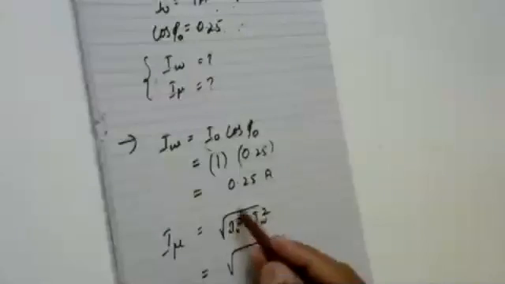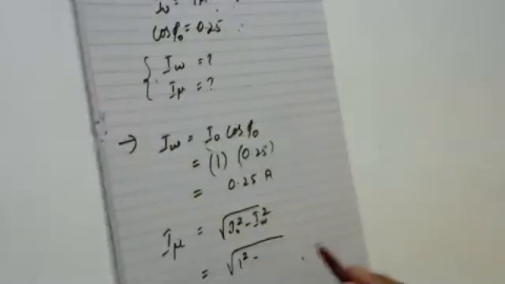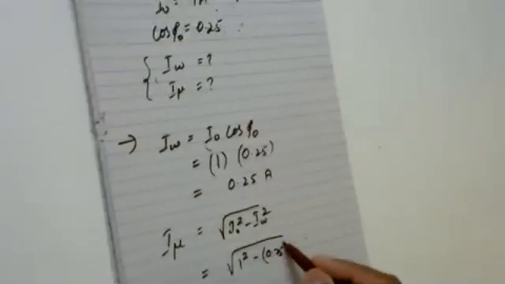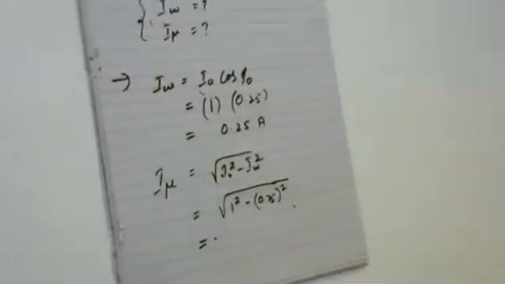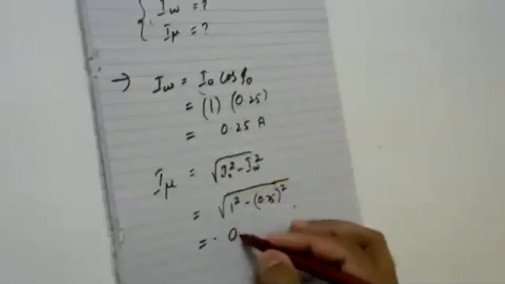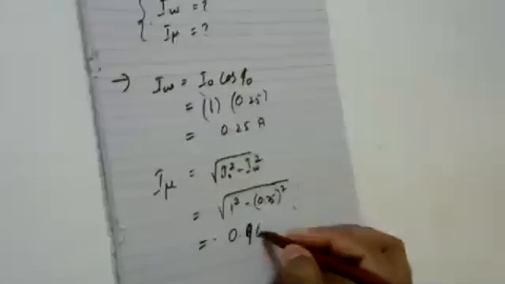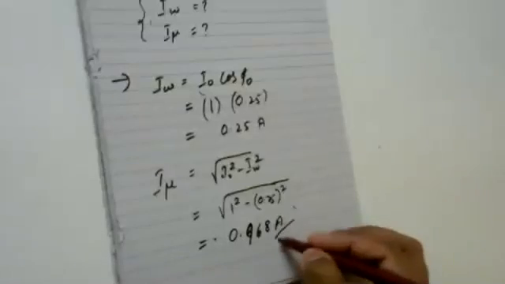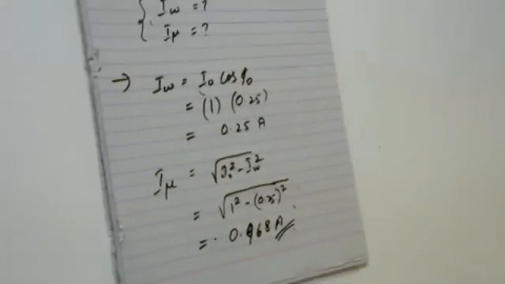So the square root of 1 square minus 0.25 square turns out as 0.968 amps. Understanding?